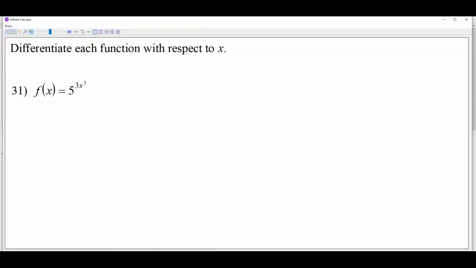So, exponential functions other than e are very similar to the rules for e. Just like for the rules of e, you have your outside function here, which is going to be 5 to the power of something. And that power is my inside function.